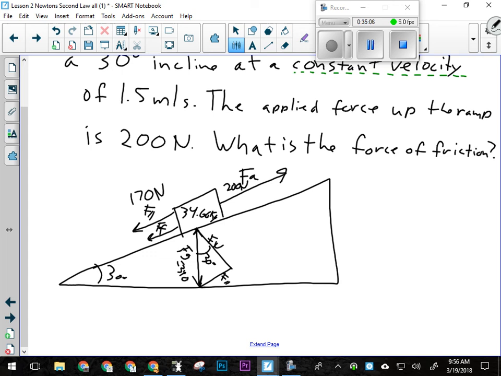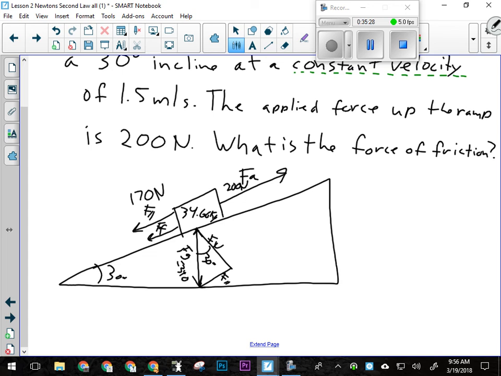What crucial piece of information do I need to use now in order to calculate the force of friction? The object is being pushed up the hill at a constant velocity. What is it not doing?